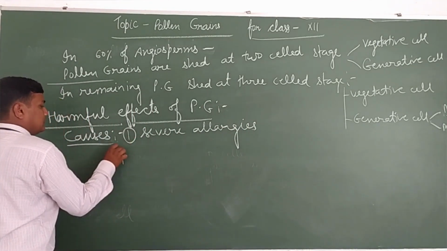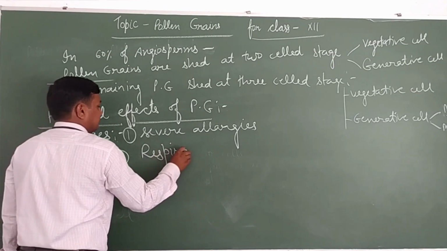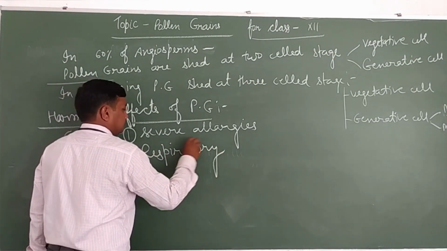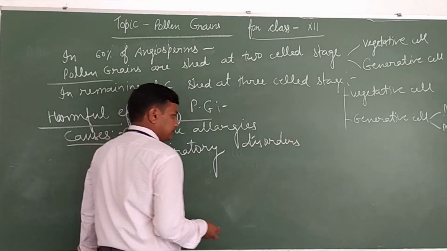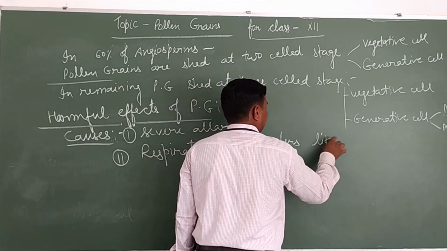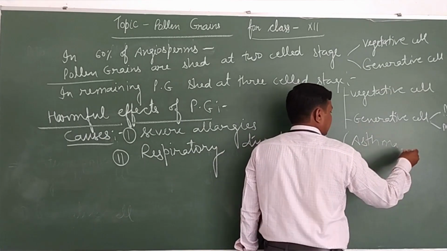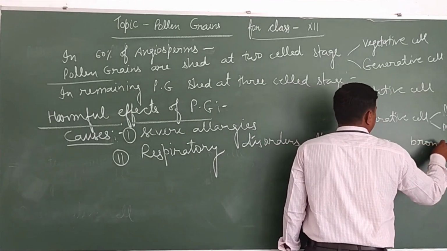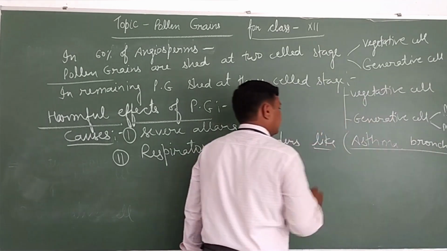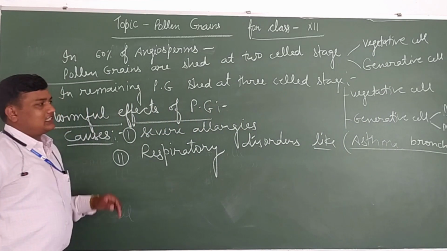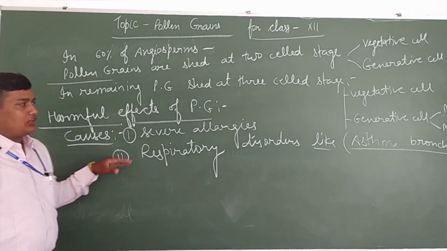Second, pollen grains also cause respiratory disorders like asthma, bronchitis, and some chronic respiratory diseases. Chronic respiratory diseases means those which remain for a long period of time.